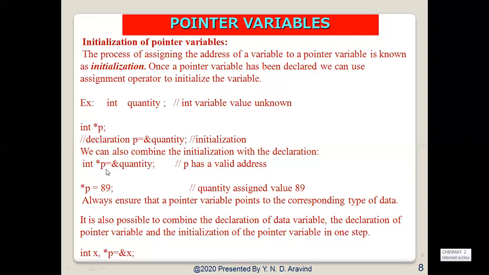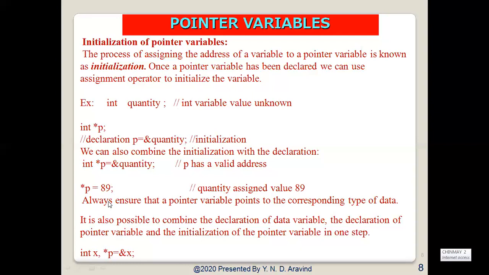So P will have the address of quantity, which I don't know; it is some location the compiler assigns in primary memory. And the value of quantity, I can assign directly, quantity is equal to 89, or instead do it through the pointer, star p is equal to 89.